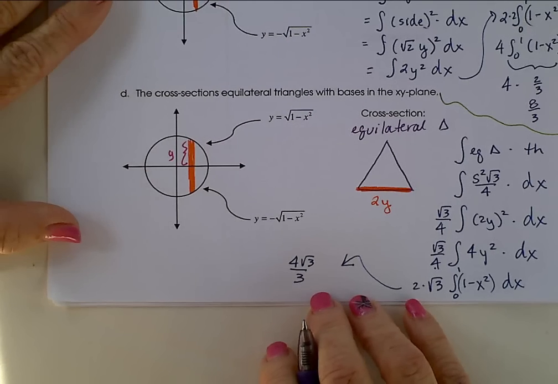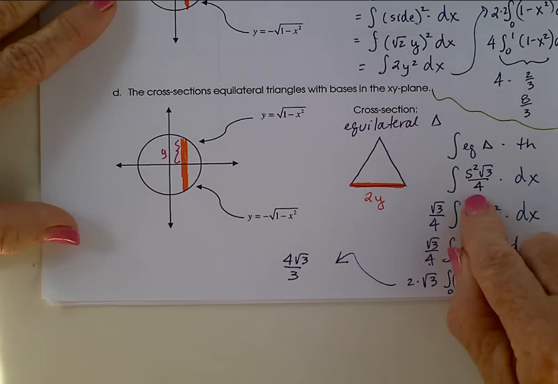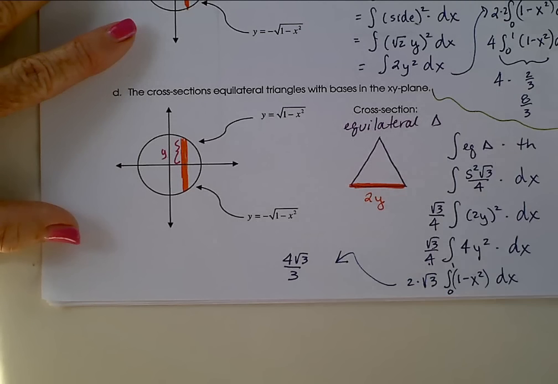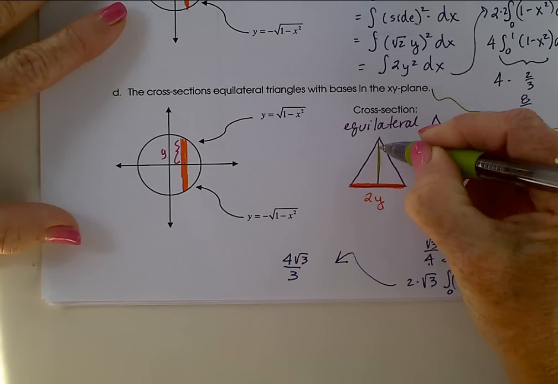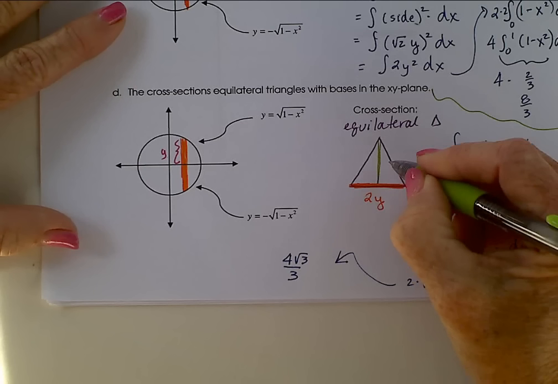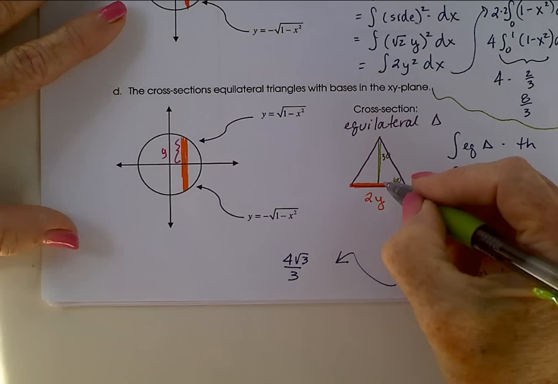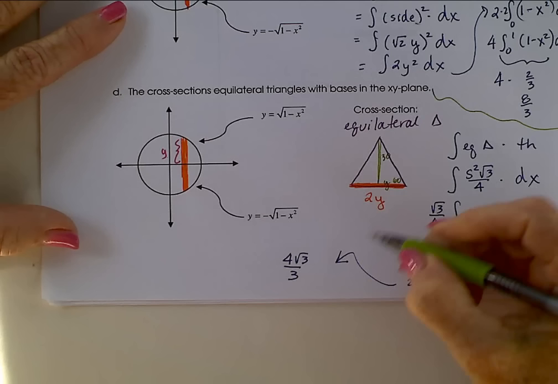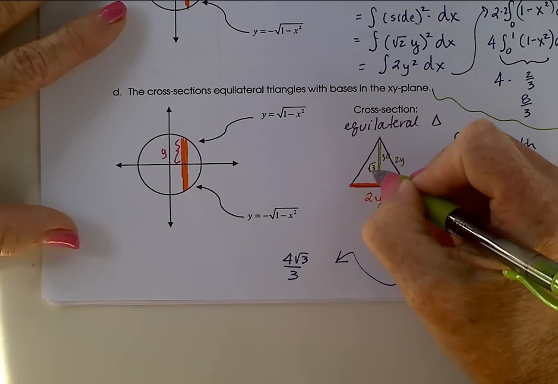If you do not remember that formula from geometry, the area for an equilateral triangle, then you have to go back to 1/2 base times height, where this is a 30, 60, 90. And this length down here, y. This is 2y. This is square root 3 times y.